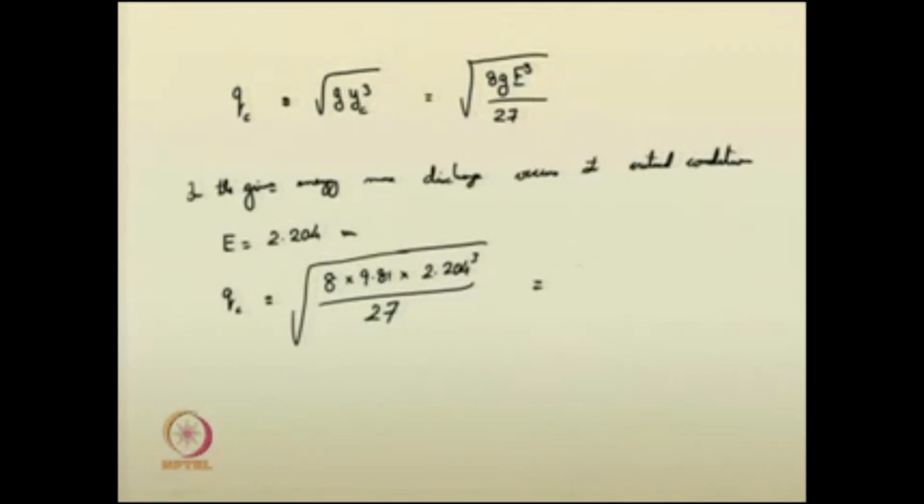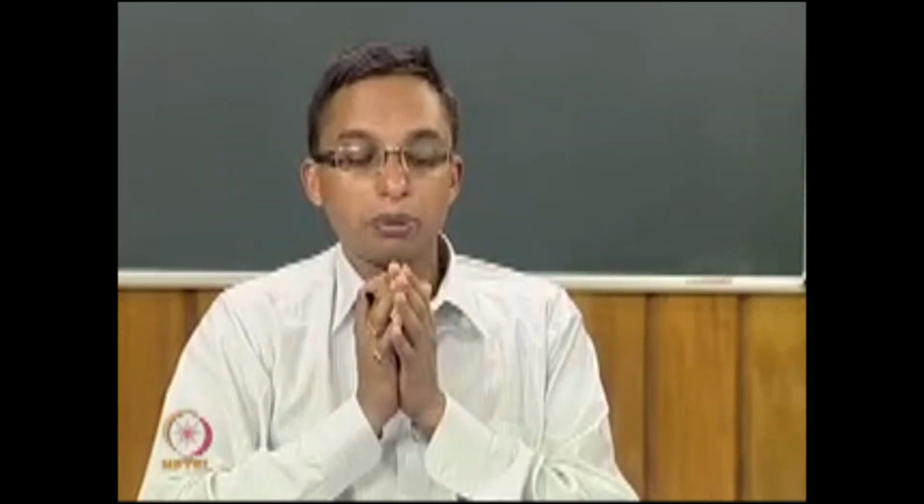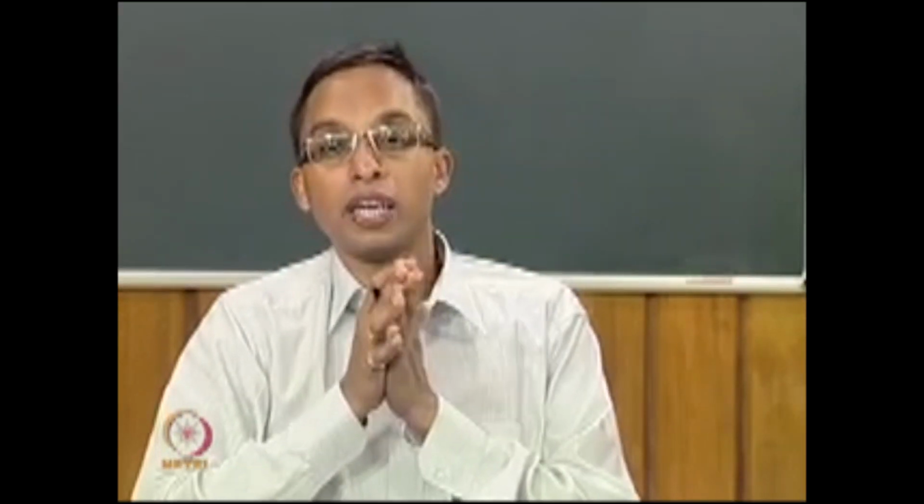Just evaluate it, it will come to around 5.578. So, what is B c then? B c is nothing but the original discharge divided by q c. So, it is 16 by 5.578, which comes to around 2.868 meters.